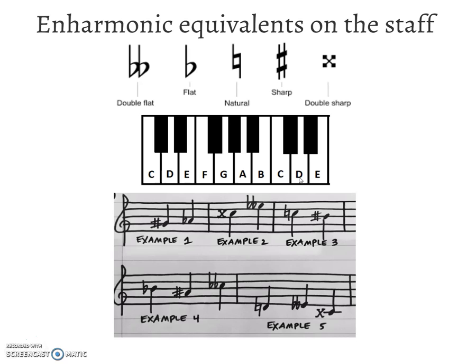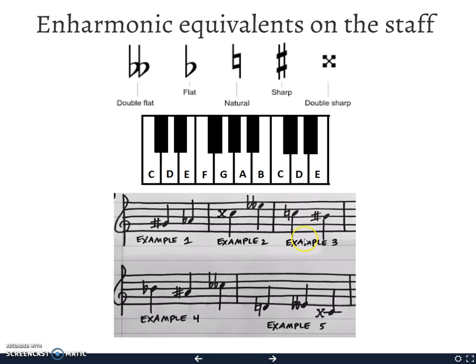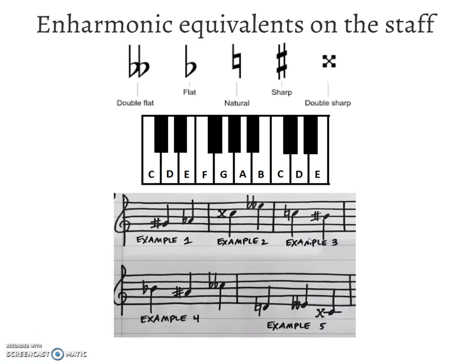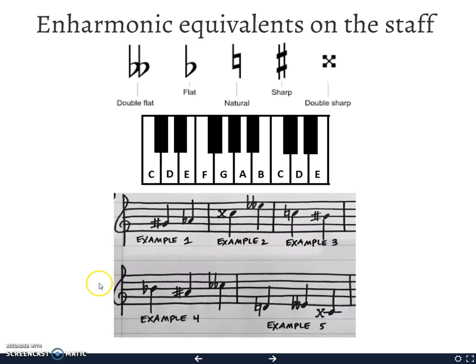Now I'm going to have you pause me and figure out, for examples 3, 4, and 5, whether the notes in those measures are enharmonic equivalents or not. Example 3, hopefully you found that this is C natural and B sharp, and it's the same note.